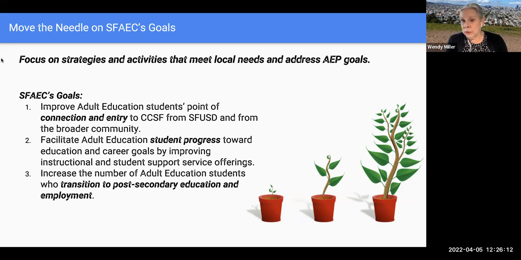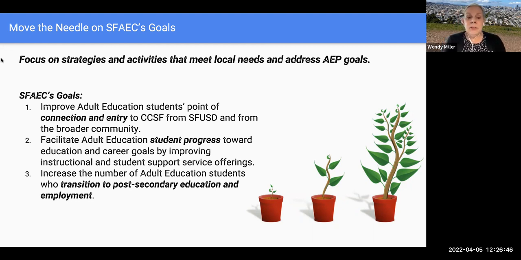Our third planning principle was that we wanted to plan for things that would actually move the needle on the goals of the consortium, as well as AEP goals. And so we have had, since the inception of the consortium in 2015, the same 3 goals: to improve the points of entry and connection to City College from the school district and the broader community, to facilitate adult education student progress towards their educational and career goals by improving instructional and student support service offerings.